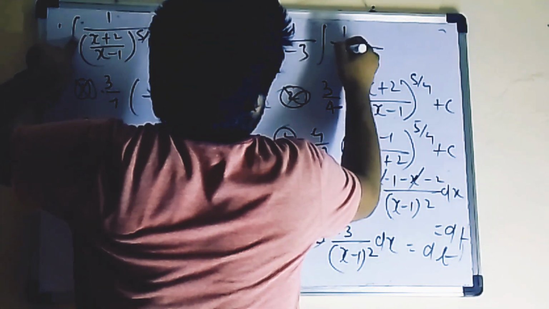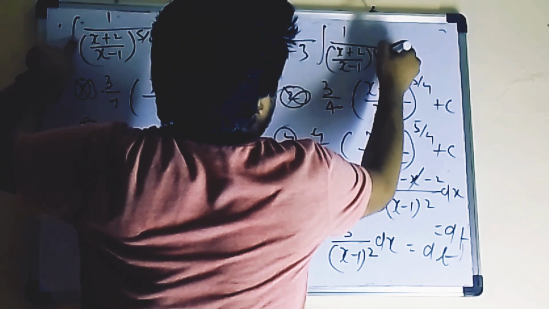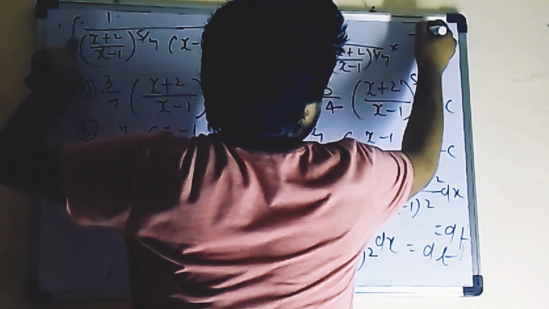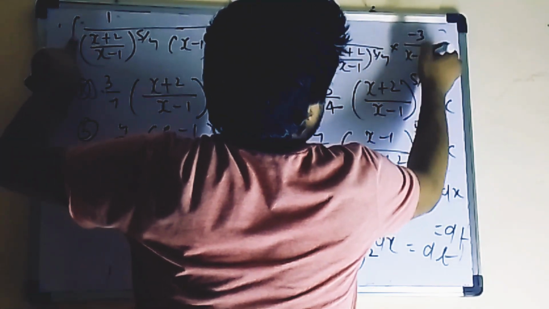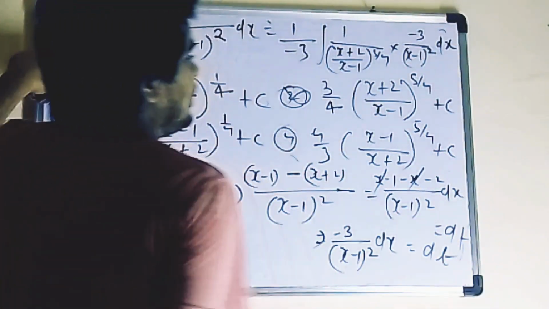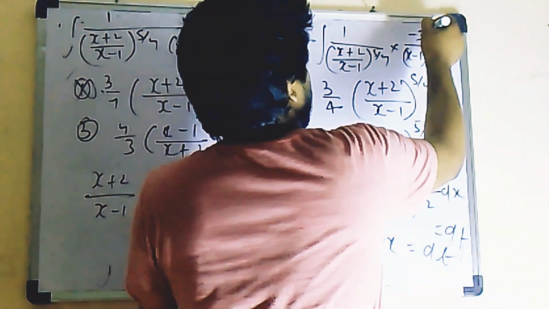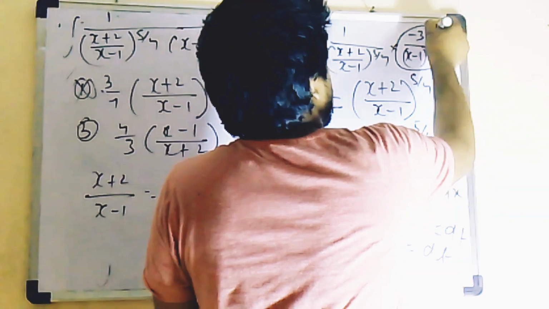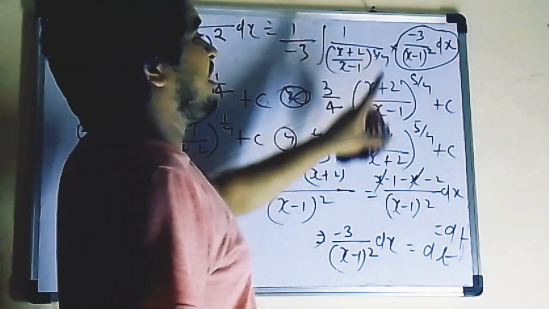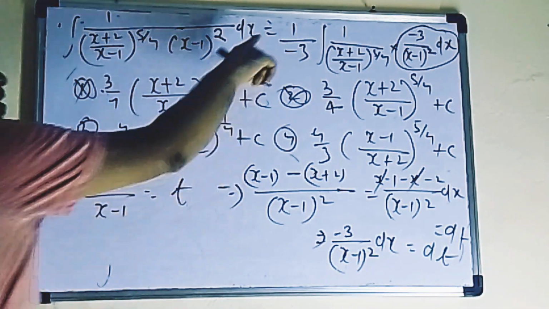Okay, see, (x plus 2) divided by (x minus 1) power 5 by 4 into minus 3 divided by (x minus 1) whole square dx. Clear? Minus 3 by (x minus 1) whole square dx, this is the term. This is dt, and this is t. So 1 by t power 5 by 4, and 1 by minus 3.